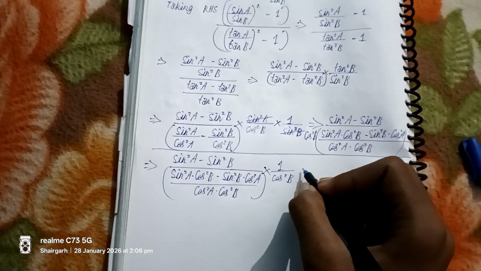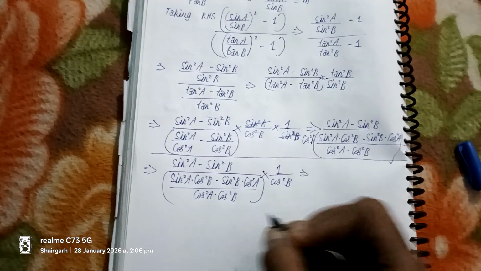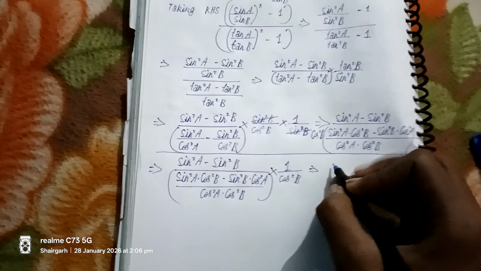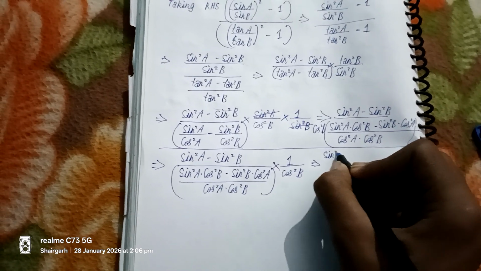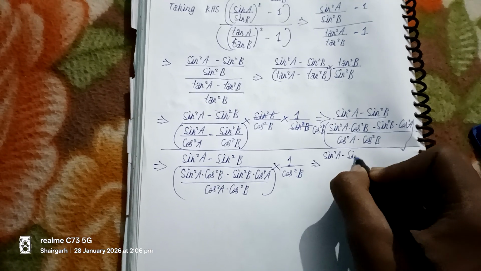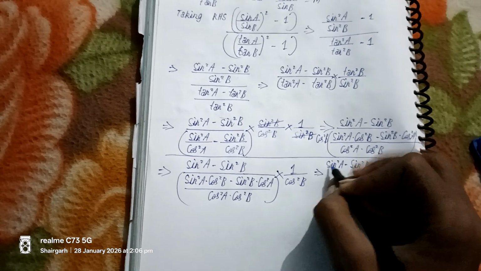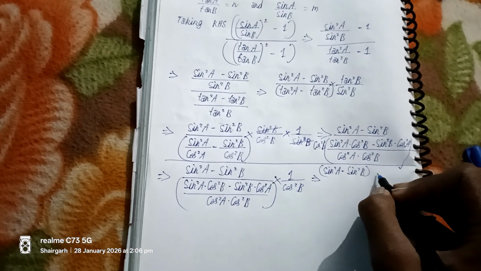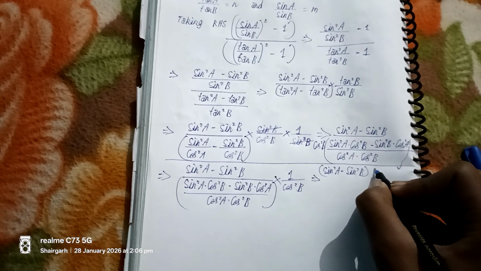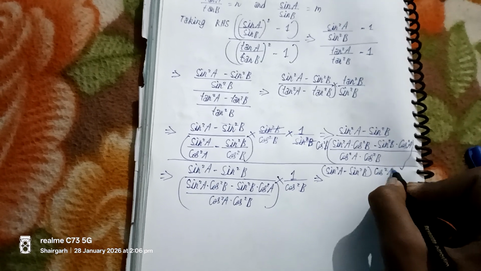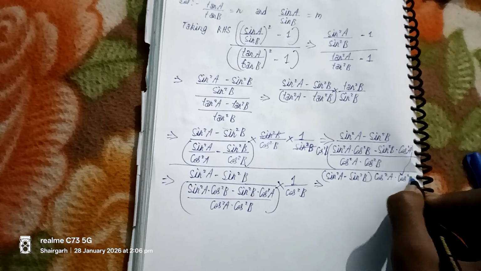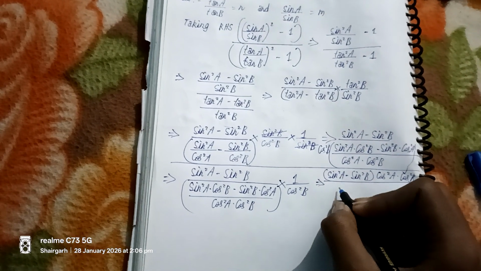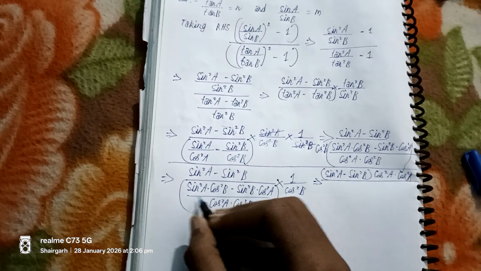We are moving to our next step. We take this one upward, then it looks like sin square A minus sin square B, we put it in brackets, and there will be cos square A into cos square B, and in the denominator the bracket term will be there.